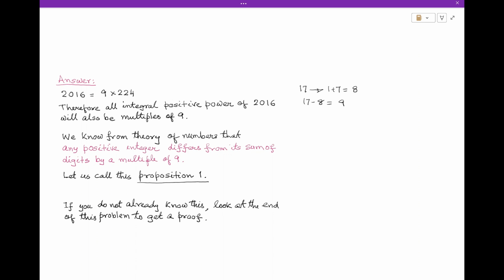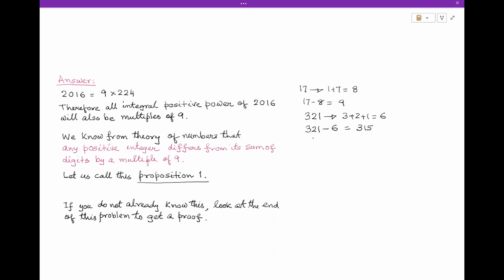Or take another example. Let us take the number 321, and then its sum of digits will be 3 plus 2 plus 1 is equal to 6. And the difference between 321 and the sum of its digits, 6, is equal to 315.